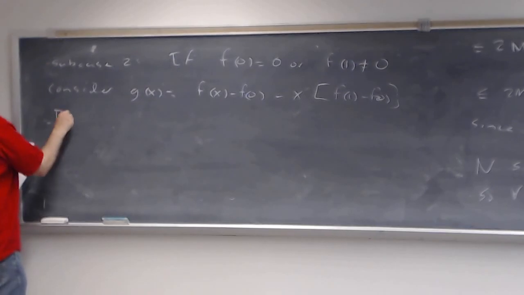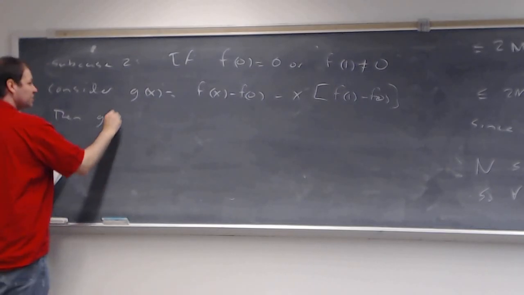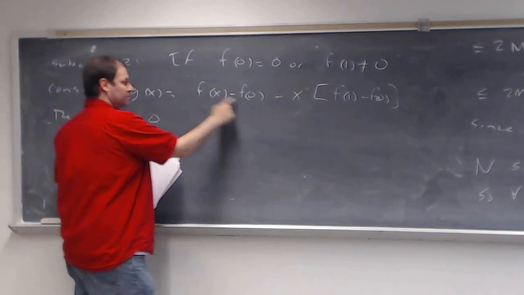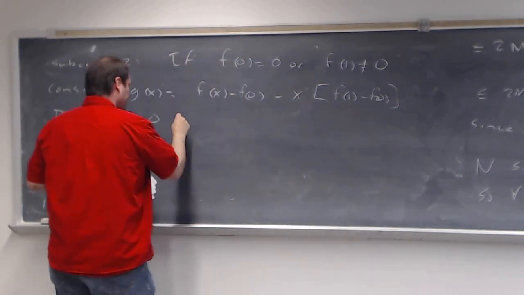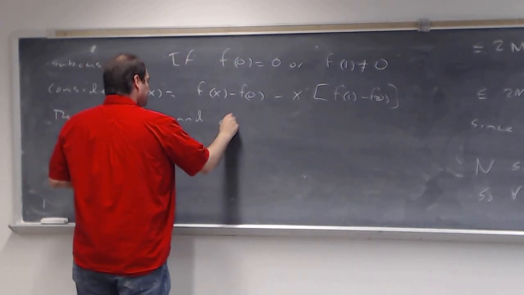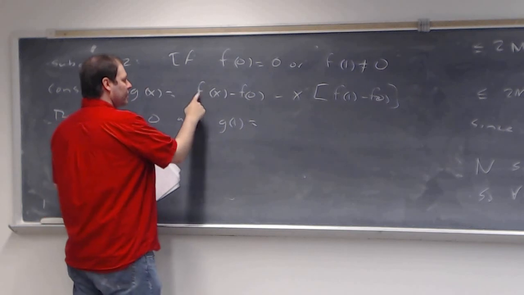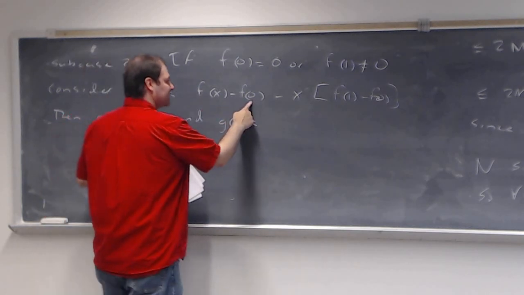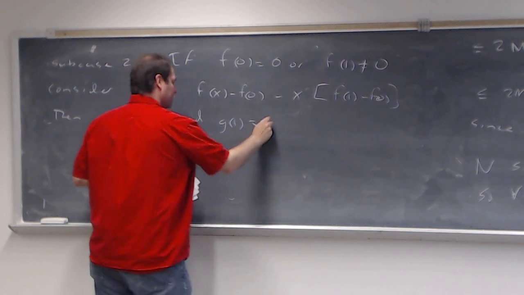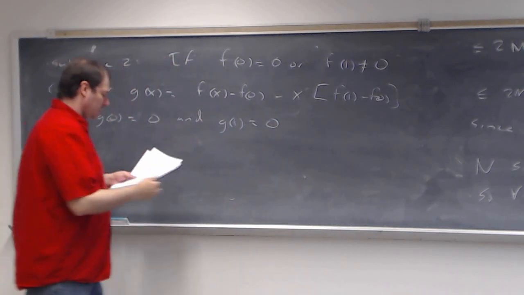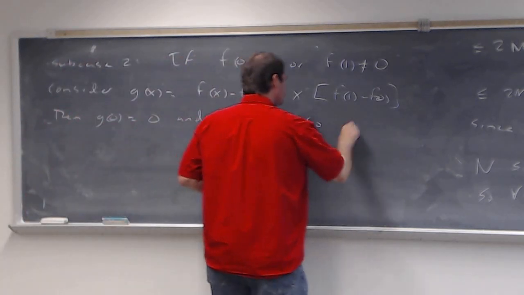And you can quickly note that g of 0 will be equal to 0. This is f of 0 minus f of 0, and 0 times something is 0. And g of 1 is going to be f of 1 minus f of 0 minus 1 times the same thing, so we're subtracting the same thing from each other, so that's 0.